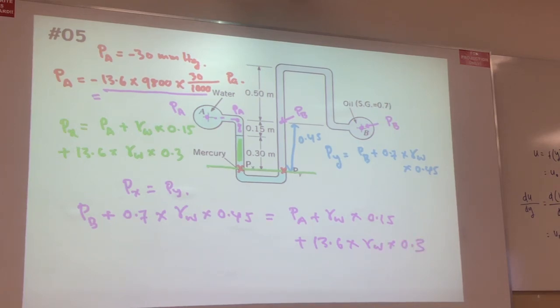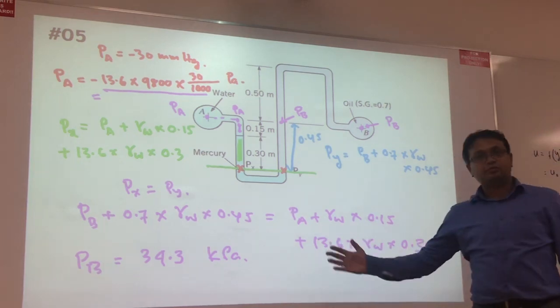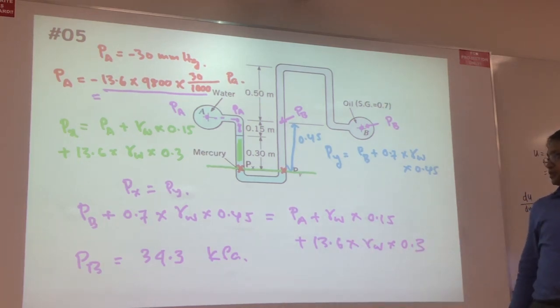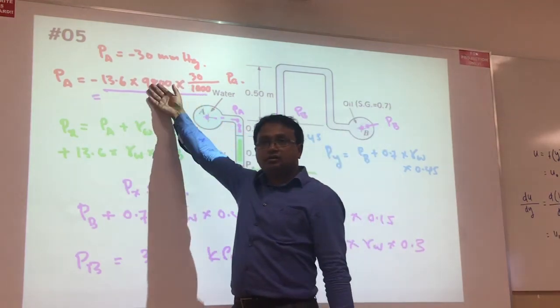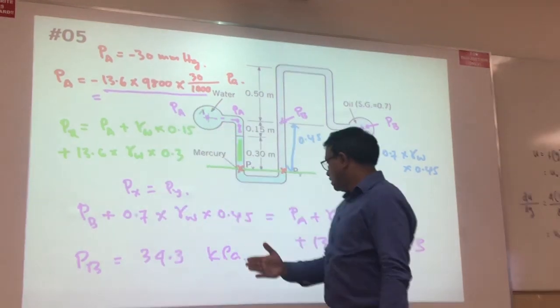Right? And I get my answer PB here, 34.3 kilopascals. I hope that you can solve it, right? No problem. I do not see any problem here. PA is this number. You can calculate from here and put it here.